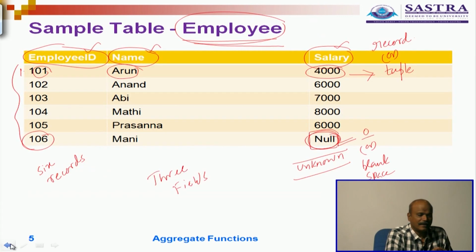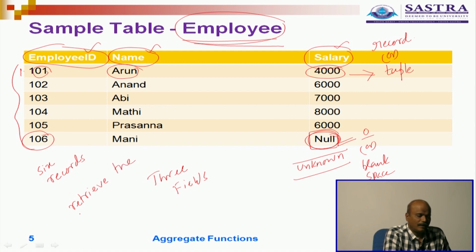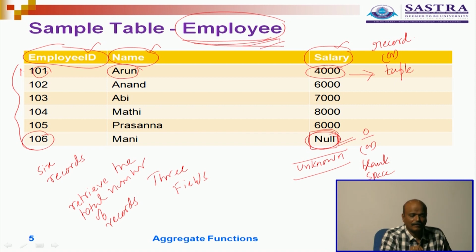Now, suppose the requirement is that you want to retrieve the total number of records in the employee table. For example, I want to retrieve the information about the employee who is getting the maximum salary and who is getting the minimum salary.